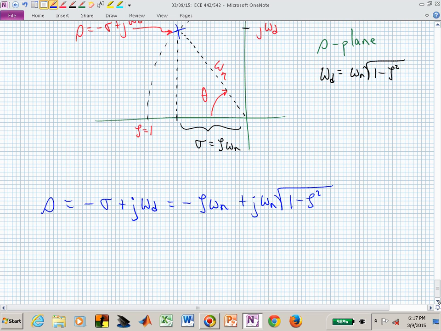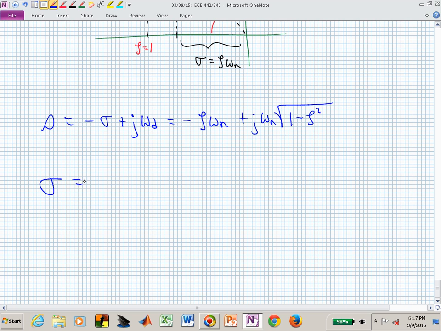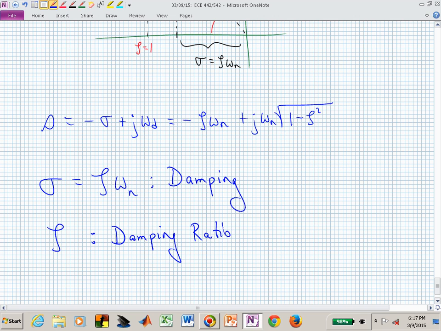And some of the terminology that we will use: this sigma value, we will refer to that as the damping in our system due to those pole locations. Zeta itself, which varies between 0 and 1 for an underdamped system, is our damping ratio.